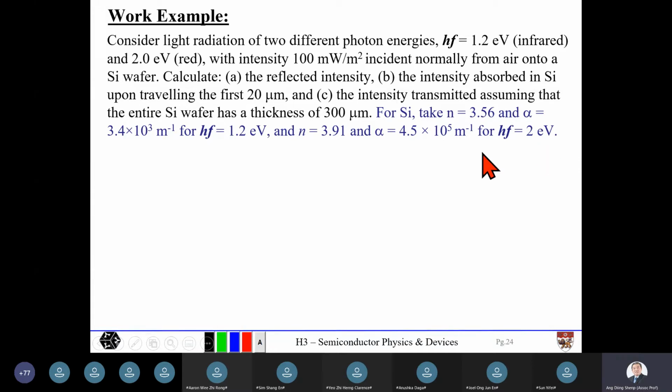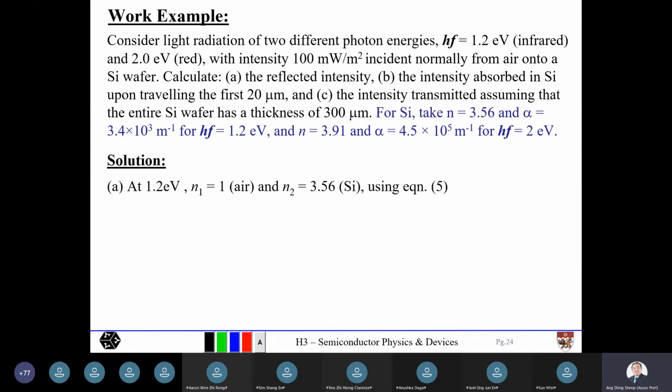There are some considerations. The first thing that you need to consider would be reflection at the interface between air and semiconductor. So we can calculate the reflectivity for a photon of 1.2 eV.